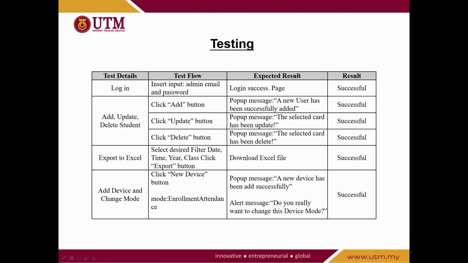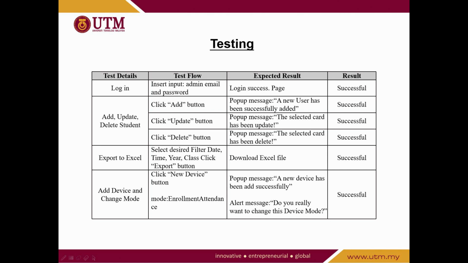In this chapter, there will be 3 different test phases that will be conducted, which are black box testing, white box testing and user acceptance testing. From this table, I have listed some of the main functions that can be done by the admin, which are login, add, update and delete student, export attendance log into an Excel file, and add device or change the device mode.